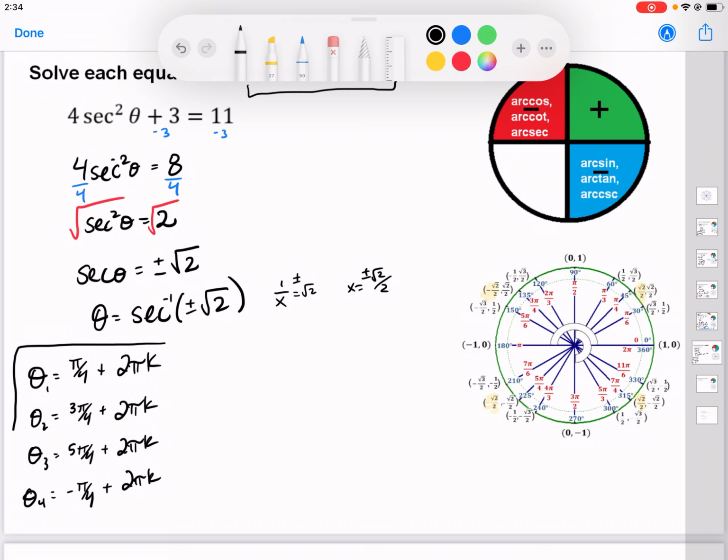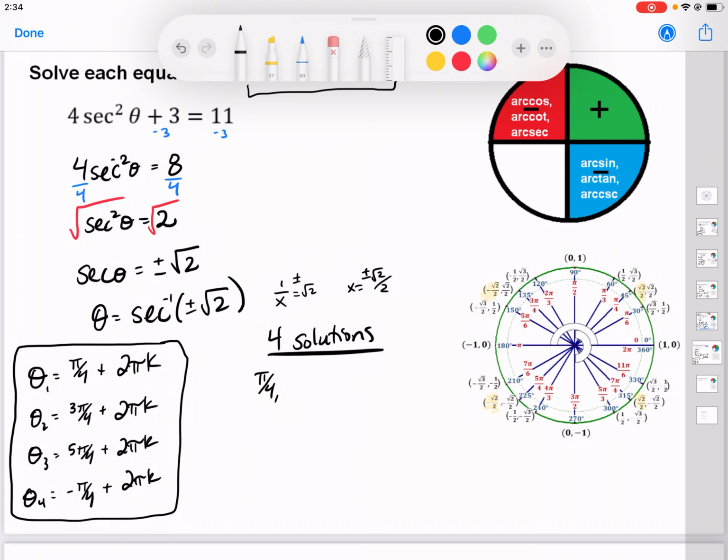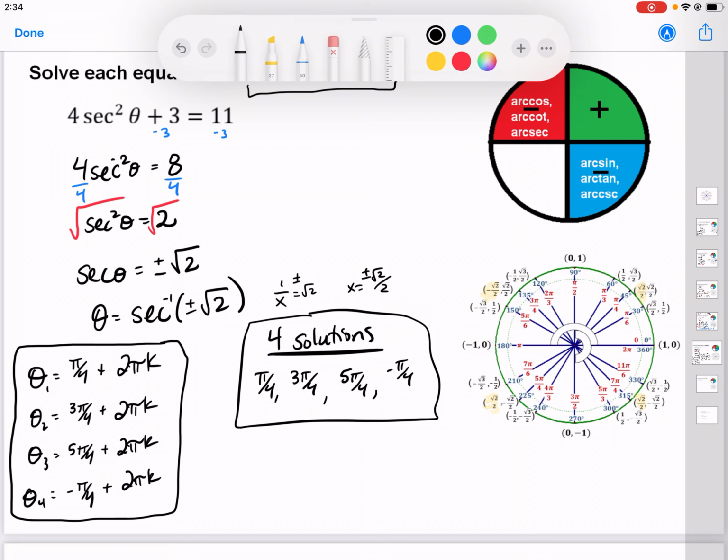So this would be our solution, and then the 4 solutions, I would just write the pi fourths, the 3 pi fourths, the 5 pi fourths, and the negative pi fourths. Okay, and remember that could also just be 7 pi fourths if you wanted.